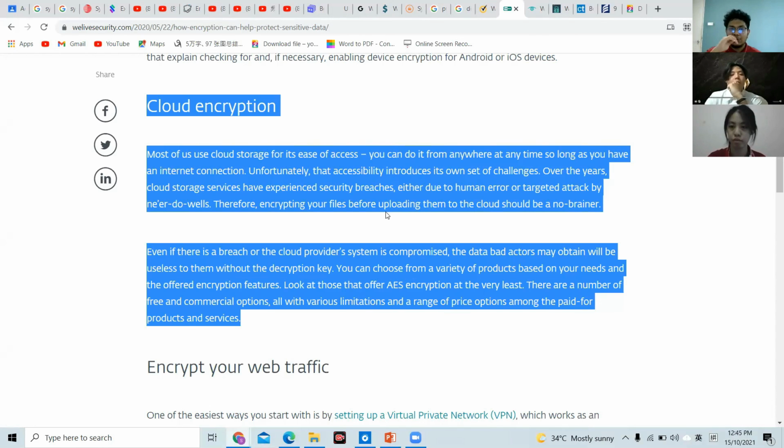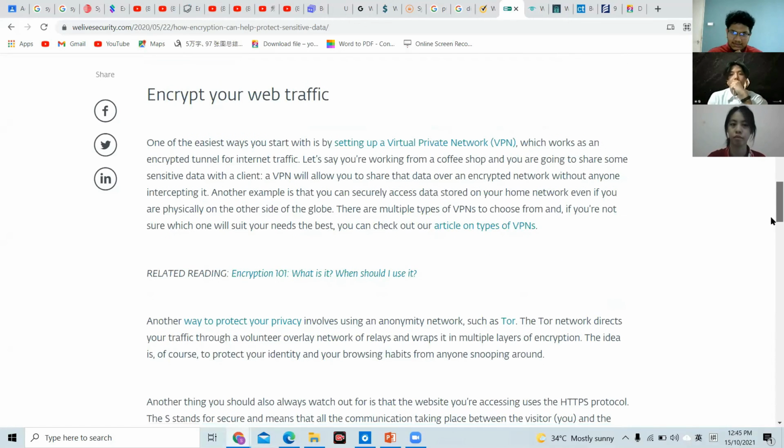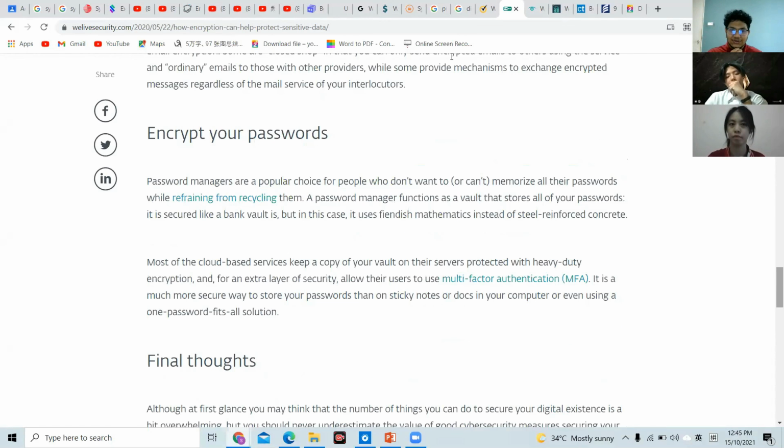I guess that's how our data is able to be secured, because there are multiple places where encryption lies. For cloud, for your disk, you can encrypt your folders. So that's how our data is secured.